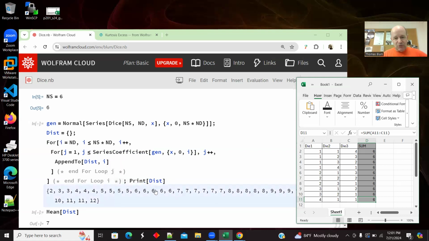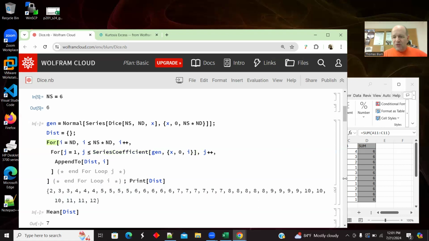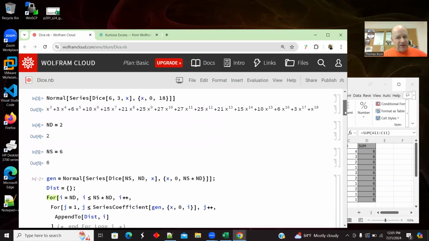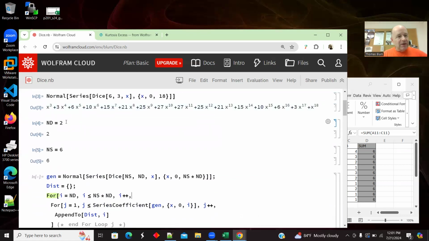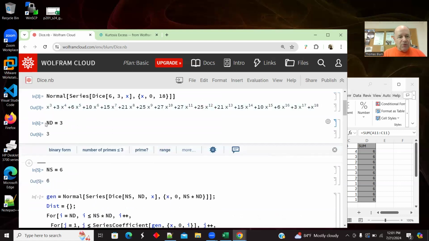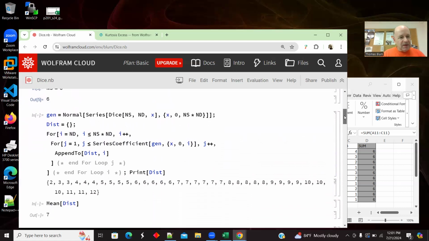Let me do the 3 because I'm talking about it. So that would make more sense. So here's 3 6-sided dice.